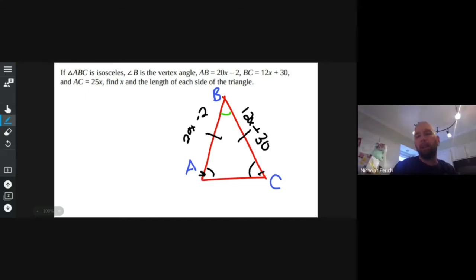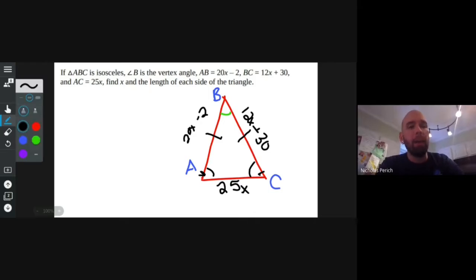And then AC is not the same. So in order for me to find the length of each side of the triangle, I have to find x.